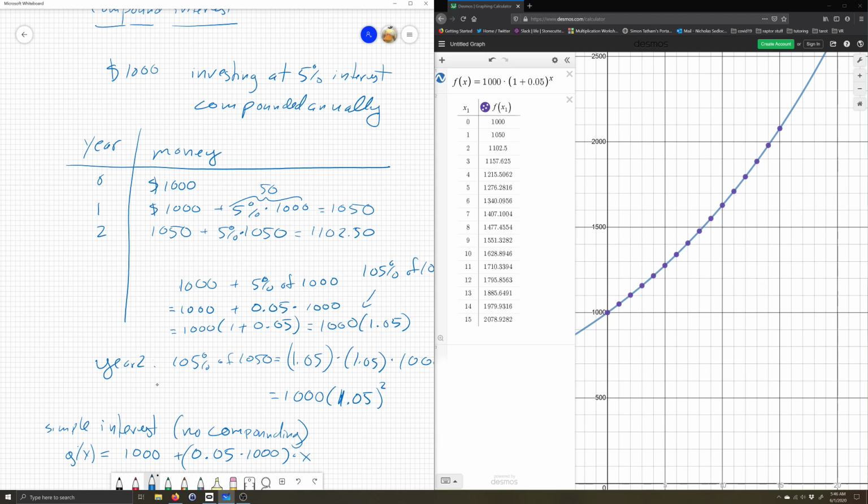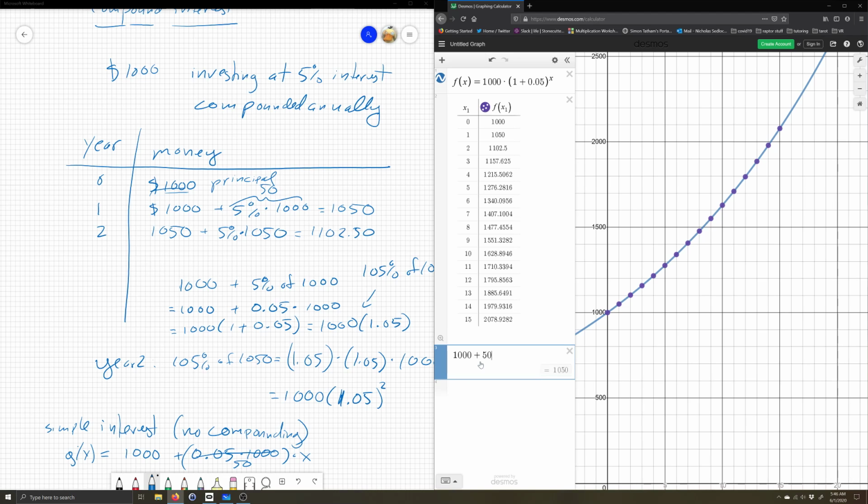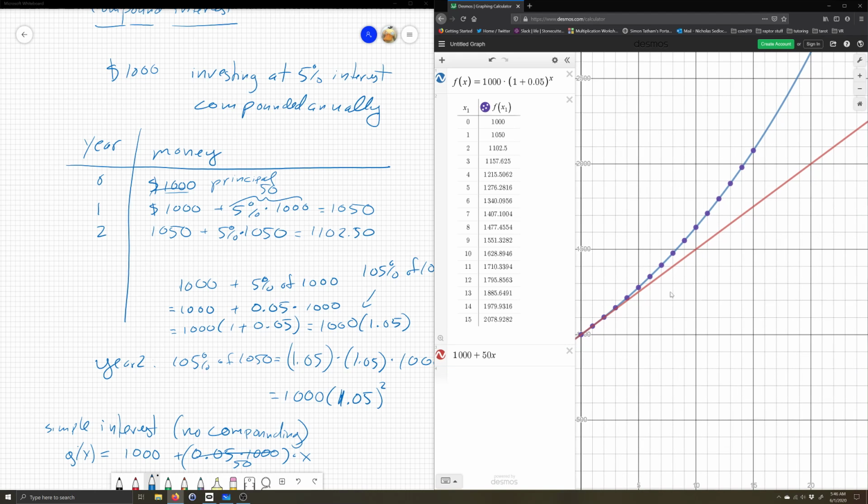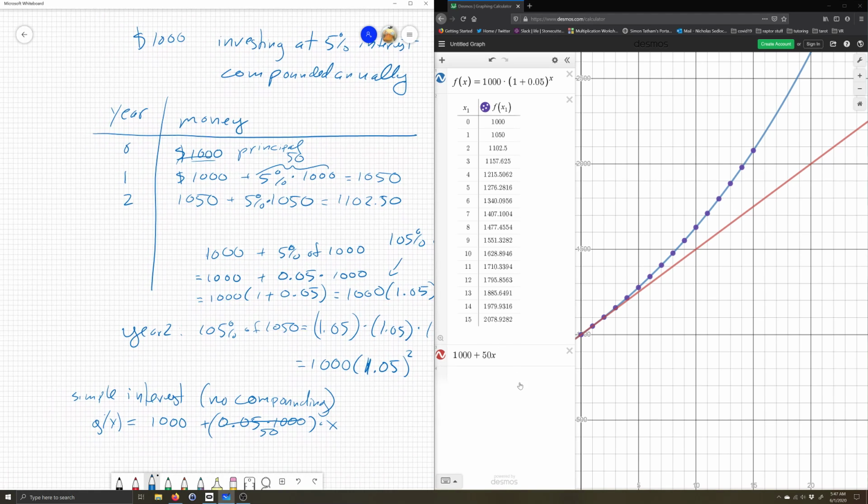So instead of getting interest on your previous interest, you'd only get interest on the initial amount, which is called the principal. And this is of course the same thing as 50. So if I do 1,000 plus 50x, you can see that the compound interest function slowly but surely diverges away from the simple interest function. So you get a little more interest. All right? So that's compound interest, but that's compounded annually.